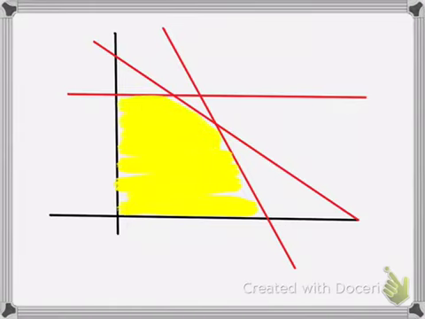Something that I teach when I teach the system of inequalities at the pre-calculus level, at least, is to look for the corner points. So these are the corner points here. And that is a term, that is actually a linear programming term, corner point. What linear programming says is that the optimal circumstance, the optimal combination, in this case to produce the highest profit, is going to be at one of these corner points.